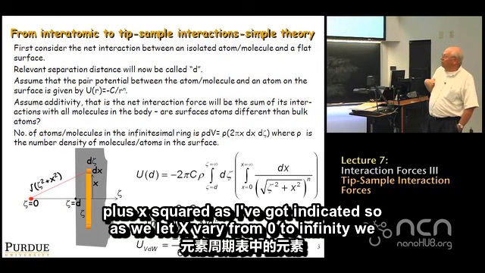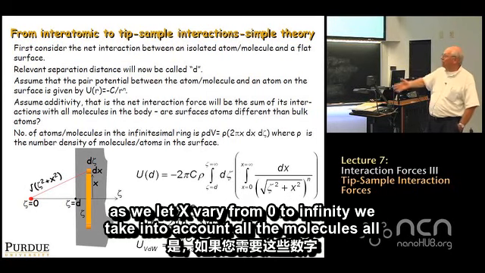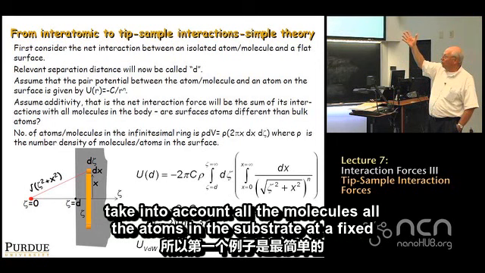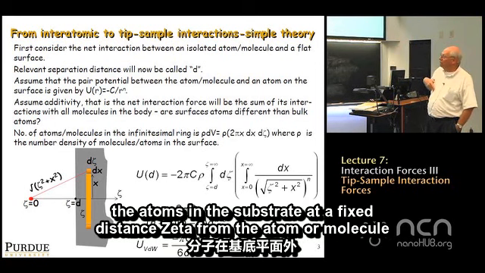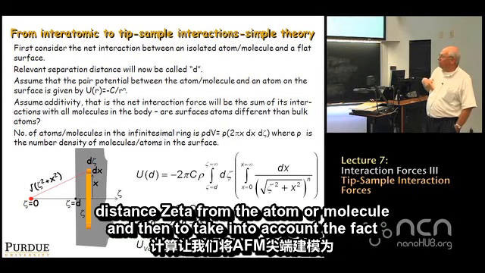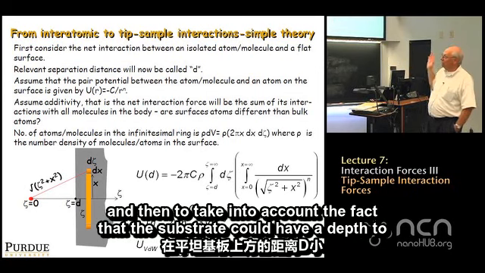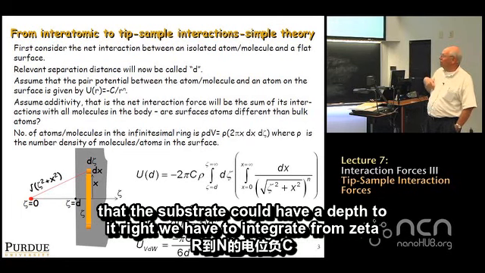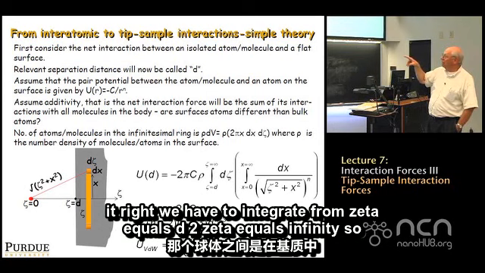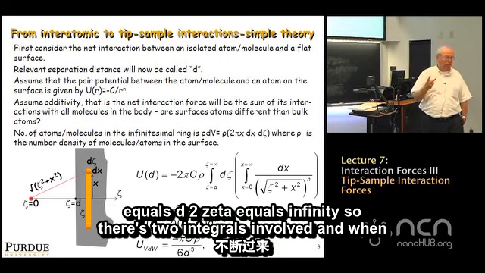So as we let x vary from 0 to infinity, we take into account all the atoms in the substrate at a fixed distance zeta from the atom or molecule, and then to take into account the fact that the substrate could have a depth to it, we have to integrate from zeta equals d to zeta equals infinity. So there's two integrals involved.